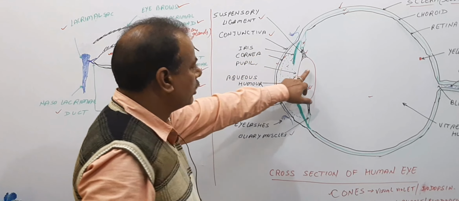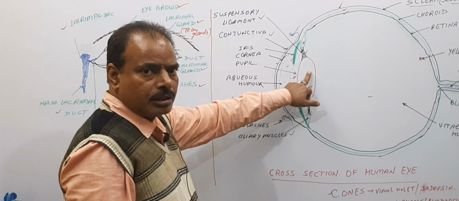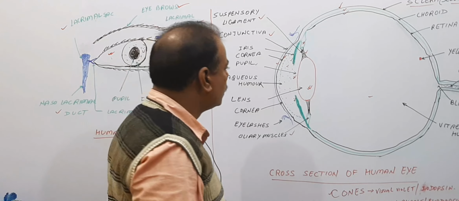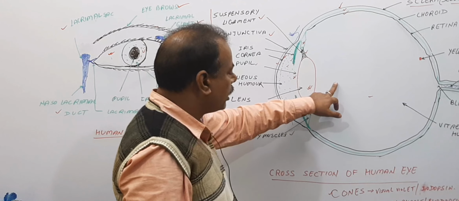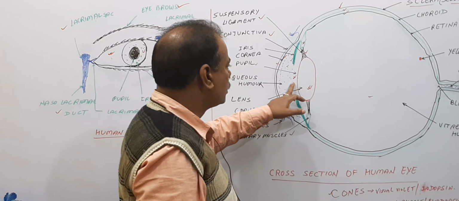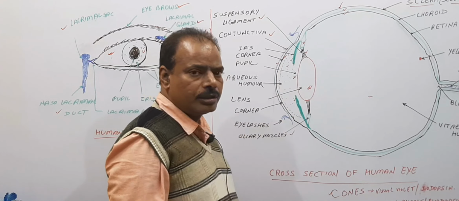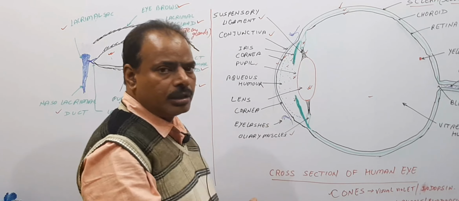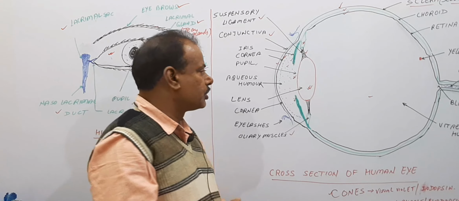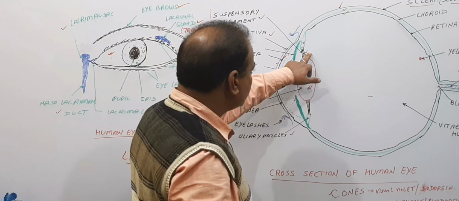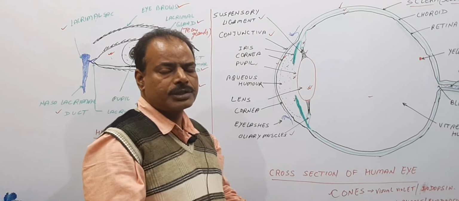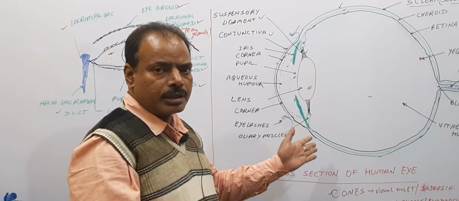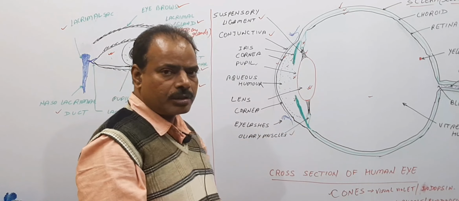Now in the front part, the lens is biconvex and elastic in nature. It is located between aqueous humor and vitreous humor, or you can say just behind the pupil. The lens helps in image formation. The suspensory ligaments are located on either side of the lens and connect the lens to the ciliary muscle.